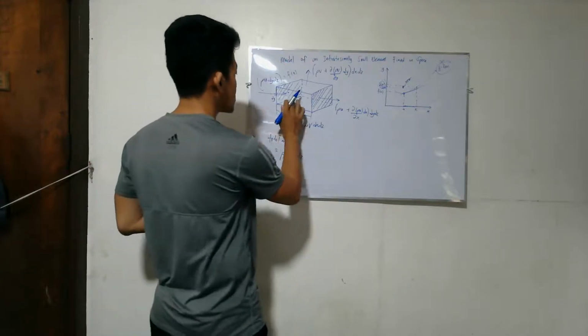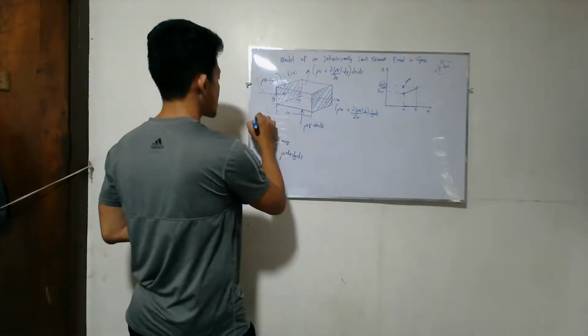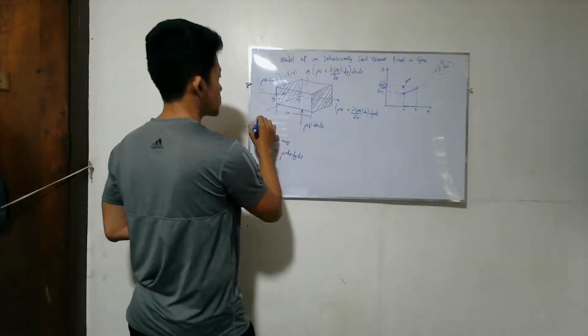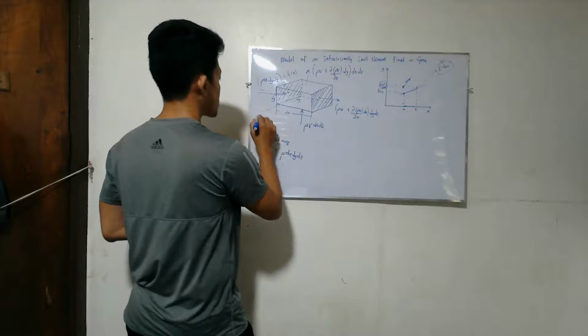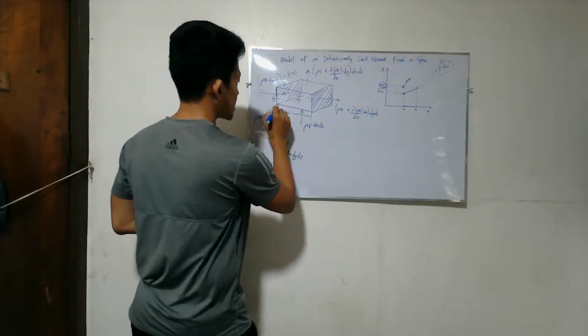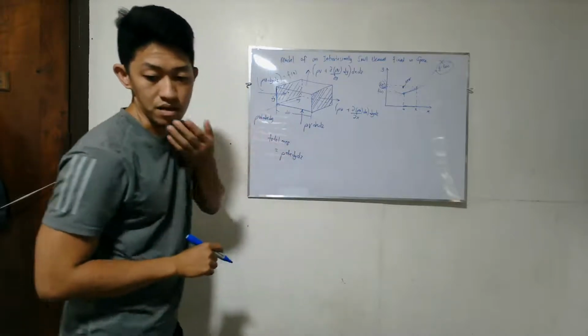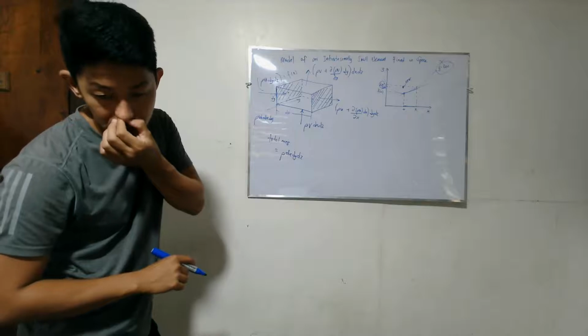Lastly, unsa mosulod diri nga side? Ang sulod diri nga side is rho, this is the z direction, so rho w, ang kaninga area is dx dy. Rho w dx dy.